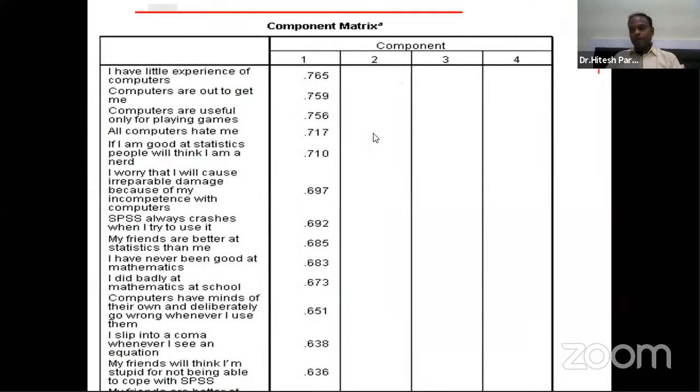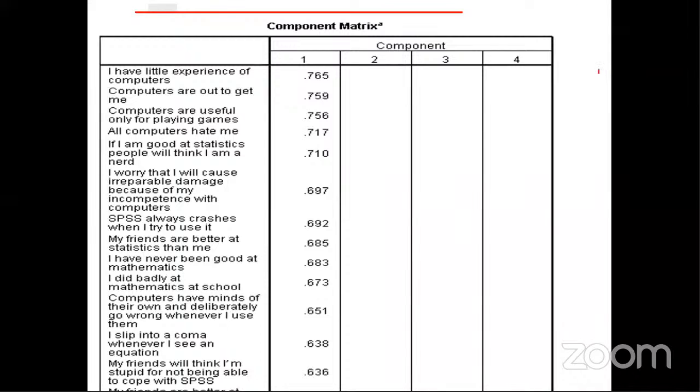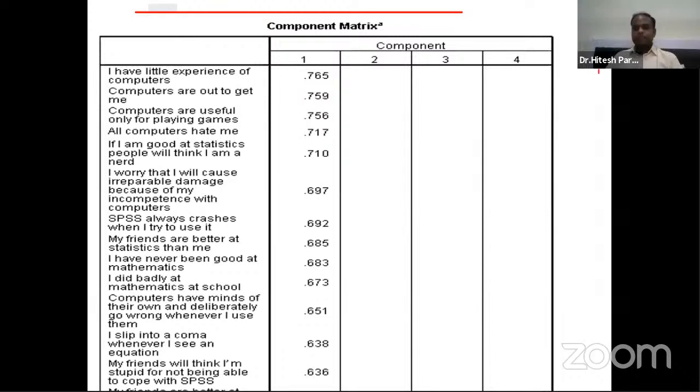In the rotated one, you mentioned that we generally go for the varimax rotation. Can you please explain what varimax rotation is? Yesterday we discussed that there are 2 types of rotation: orthogonal rotation and oblique rotation. In orthogonal rotation, the axes remain 90° apart.